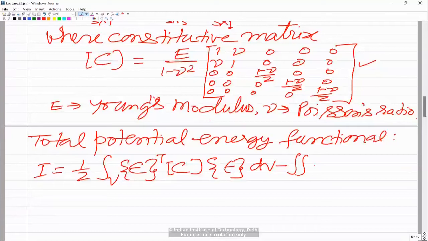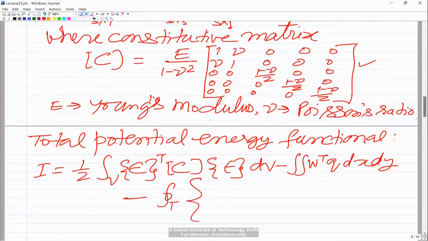I put w transpose so that the matrix-vector multiplication is consistent. So we have this dx dy, and then we have the potential of boundary forces, which involves the boundary integral. The boundary integral I am going to write in terms of u naught, v naught, w, theta x and theta y.